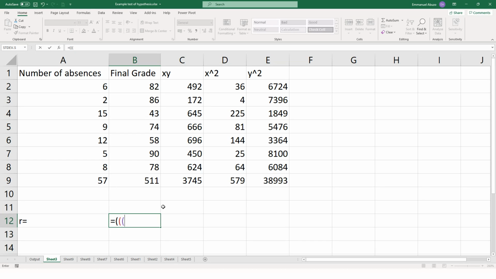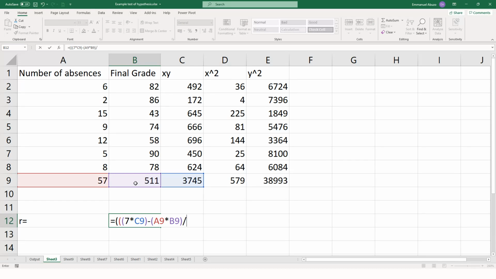We have 7 times the sum of xy, close, minus you have the product of the sum of x times the sum of y. So the sum of x, times the sum of y, close. So that is our numerator.